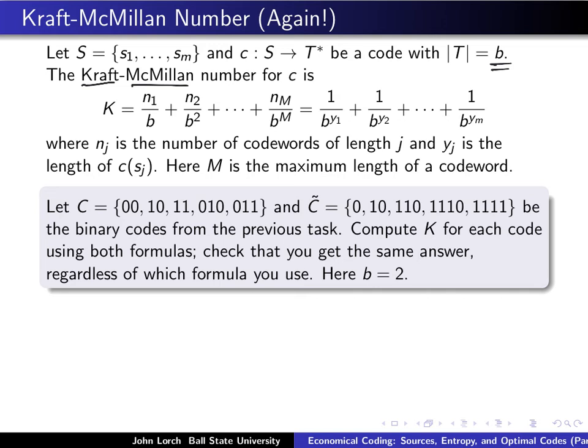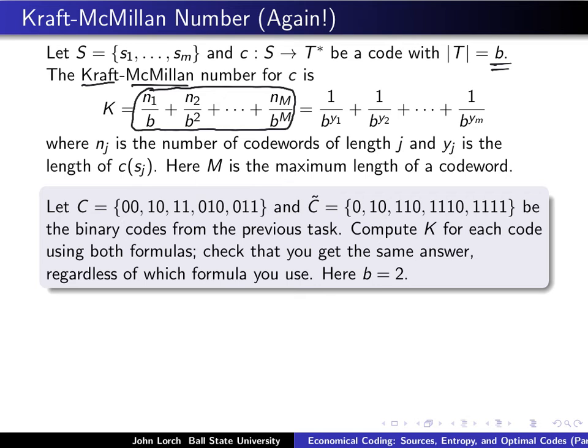So this formulation should look familiar to you. And we showed, remember, that that number is less than or equal to 1 if and only if there exists a uniquely decodable code with the parameters n1 through n sub m.